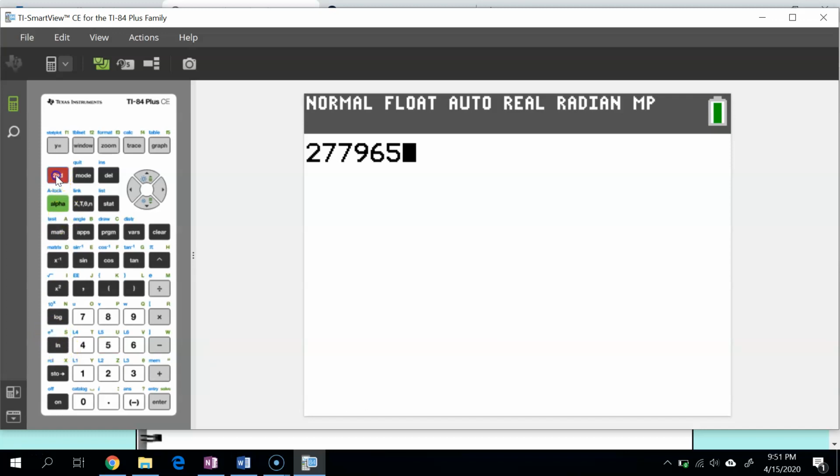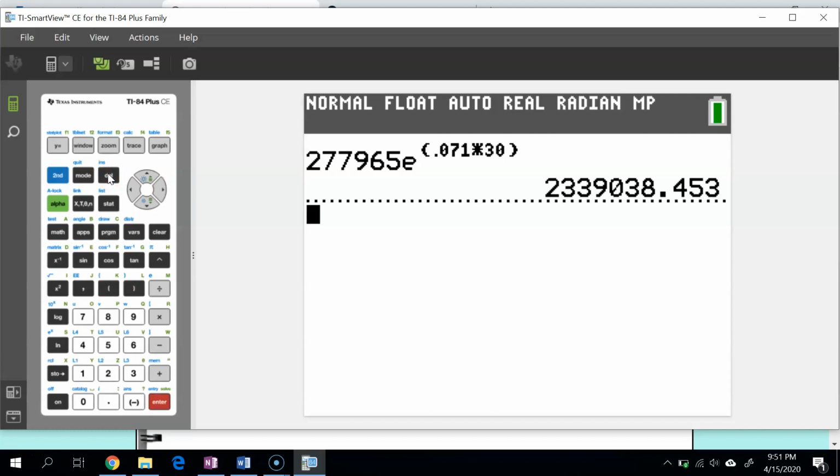So I'm going to press second and then the ln button, and that's how I can get my base e to show up. It's 0.071 times 30. And remember, some of our calculators might need this to be in parentheses. So I'll go ahead and put it in parentheses for you, just in case you aren't getting the same numbers as me. You can go back and make sure we've got parentheses.